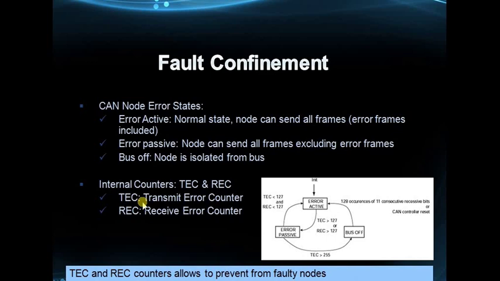Like I mentioned, the passive error frame sends only recessive bits, and CAN is a wired AND logic. That means recessive bits will not have any impact on the bus. If a faulty node sends recessive bits continuously, it is sending 1.